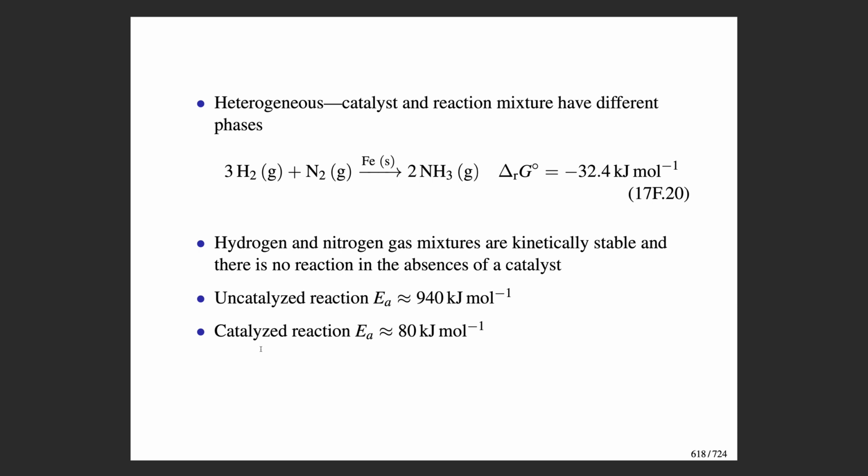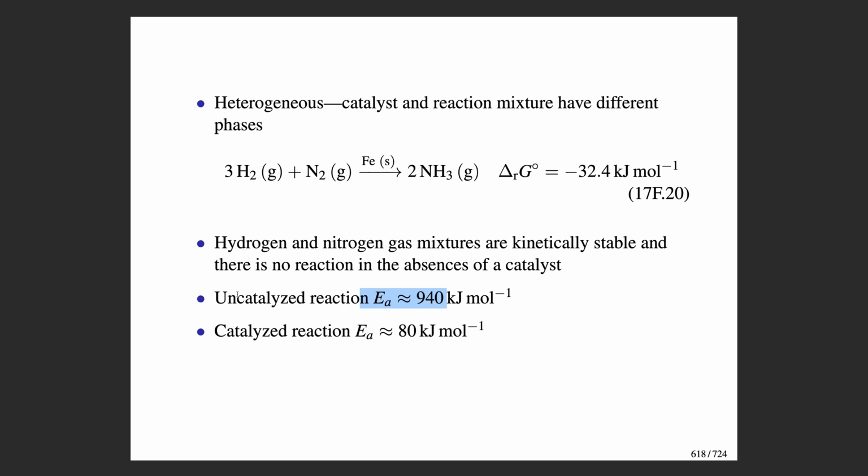In the example that we're looking at here, we're talking about hydrogen and nitrogen. Typically, you can mix nitrogen and hydrogen and leave them alone and they'll never react. However, if you do this in the presence of iron, you see that the activation energy for the catalyzed reaction is quite a bit lower than the activation energy for the uncatalyzed reaction.